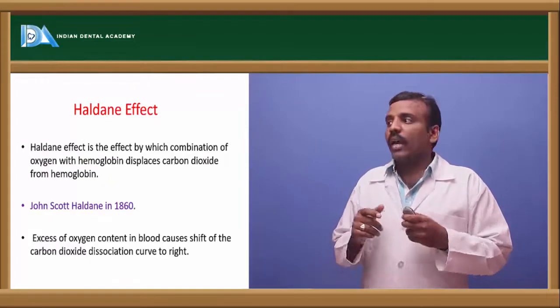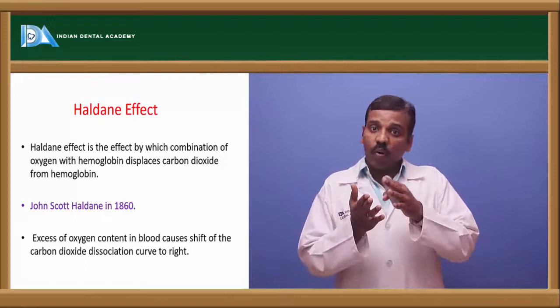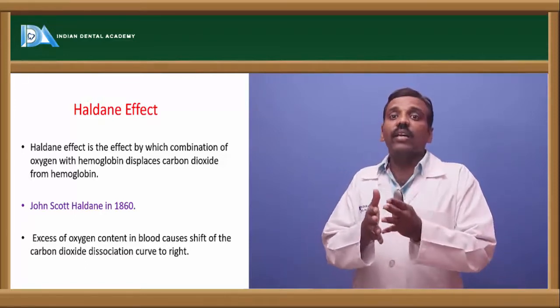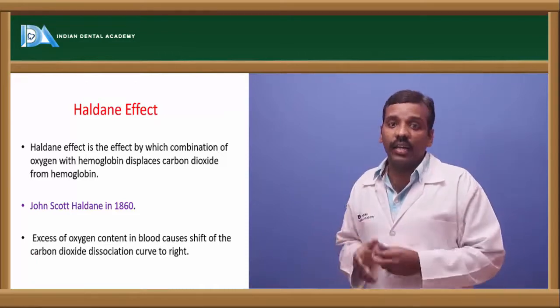Okay, and the Haldane effect. Like the Bohr effect in the case of the oxygen hemoglobin curve, in the case of the carbon dioxide hemoglobin dissociation curve, that is the Haldane effect.